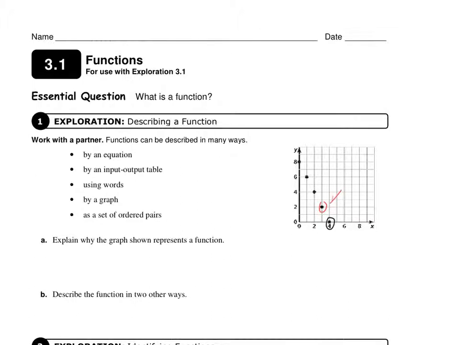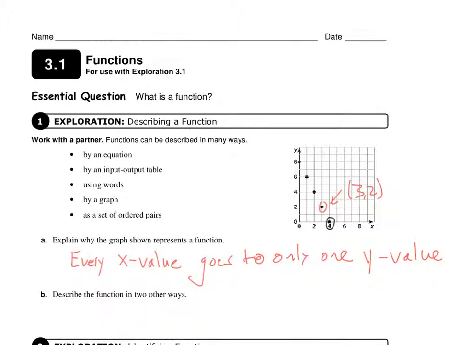So this represents the point (3, 2), which means when x is 3, y is 2. When x is 2, y is 4. When x is 1, y is 6. When x is 0, y is 8. Okay, so we have one specific y value for every x value, so this is a function. So every x value goes to only one y value.